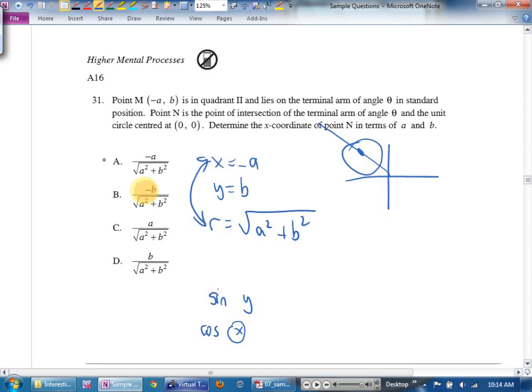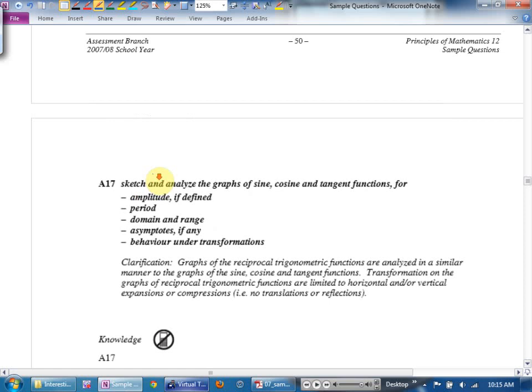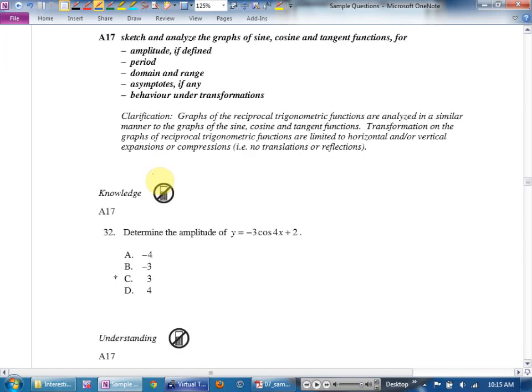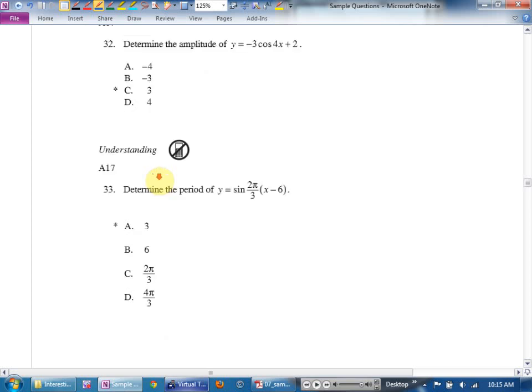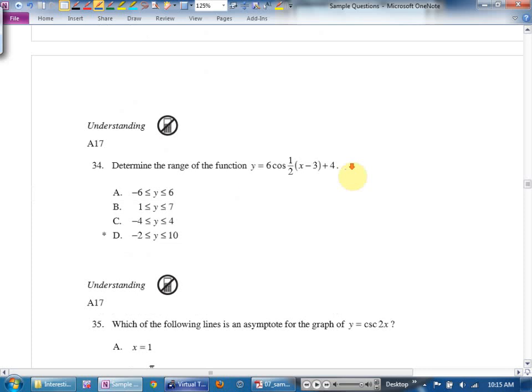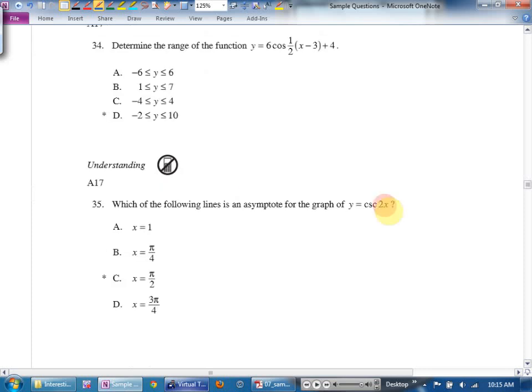It says sketch and analyze the graph. You're not going to be asked to sketch a graph, but you'll be able to recognize this stuff. So amplitude, period, 2 pi over b, so 2 pi over 3. Range, domain, asymptotes. How do I find the asymptote of a reciprocal trig function? I cheat. Cosecant goes with which trig function?